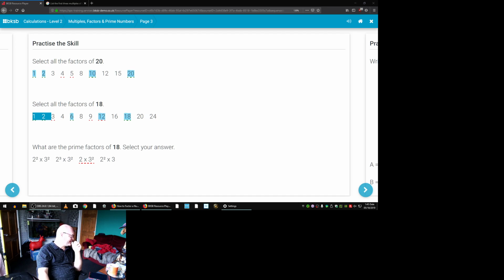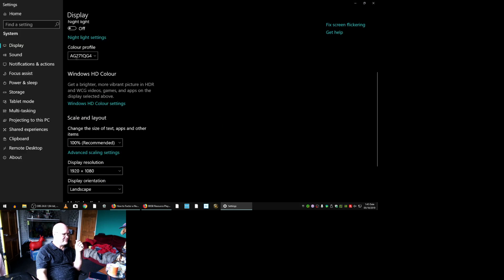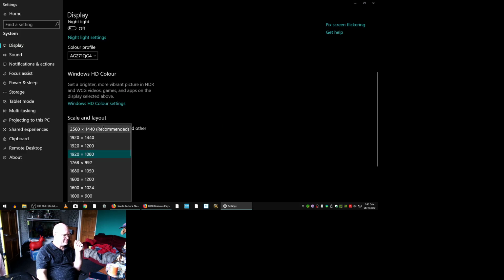Just realised my screen has shrunk, so it didn't even make any difference really, so I might just put it back to what it was.